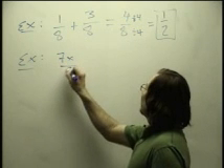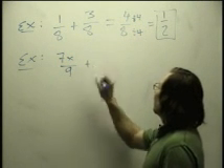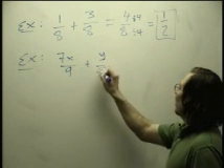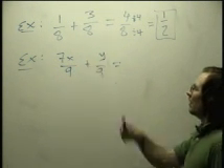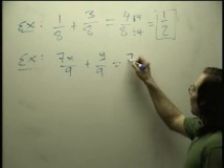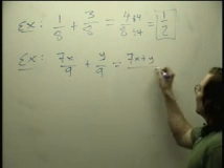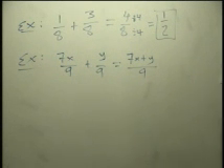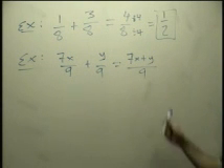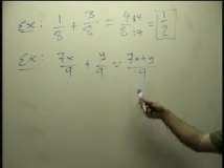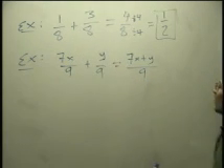If I have 7x over 9 plus y over 9, again, I just need to add the numerators. Well, they're not like terms in this case. So 7x plus y is their sum, again, over the common denominator, just like up here.